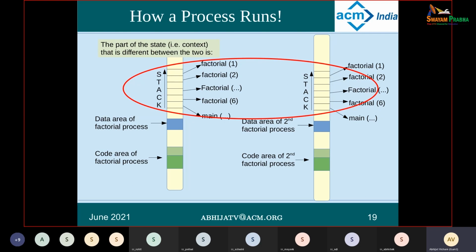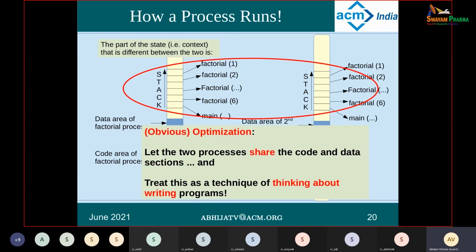In this example, the only difference is with respect to this part. So there is an obvious optimization. Let the two processes share the code and data sections, but keep the stack separate. The stack for one process is different from the stack for another process, and otherwise they share code and data, and we're pretty good.